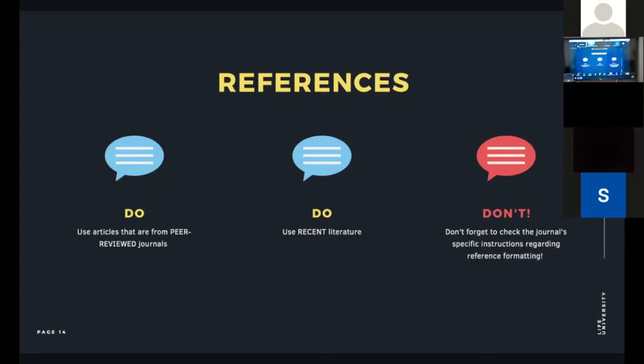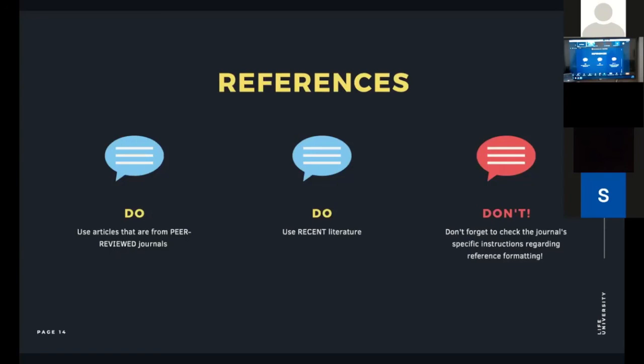Number two, this is the most important to me, and I'll explain why. Use recent literature. This doesn't mean that literature from the 80s, 90s, early 2000s is no longer credible or no longer needed. It is, because we can learn from it, but you should not have a references section with the vast majority or even any being from those times.